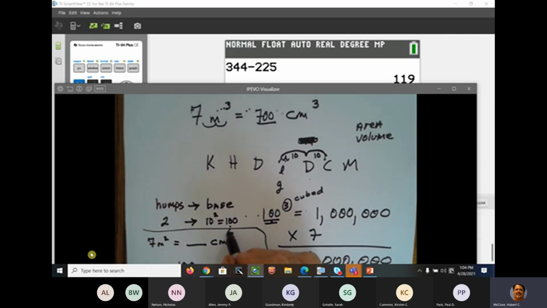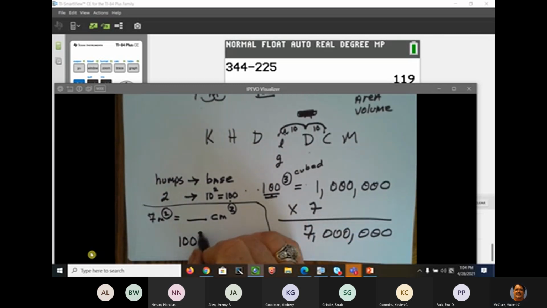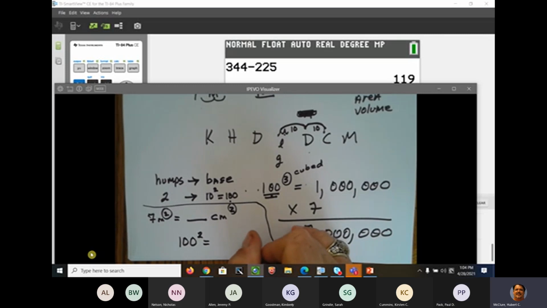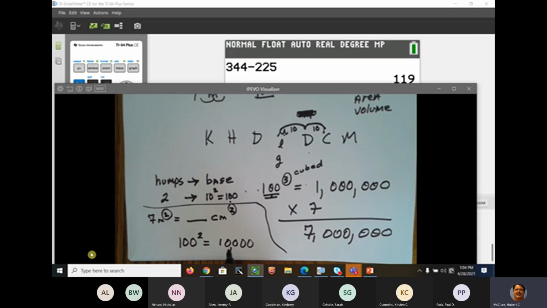But in this case, area is to the 2nd power, so that's 4 zeros. 1, 2, 3, 4. So then you would multiply the 7 by the 10,000, and the area would be 70,000 centimeters.